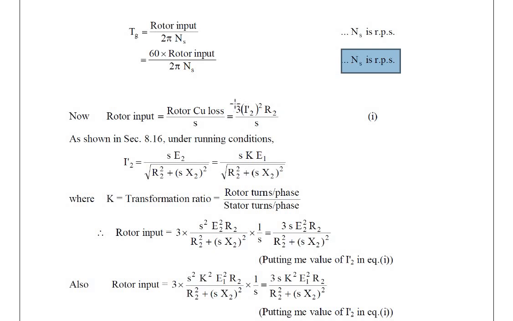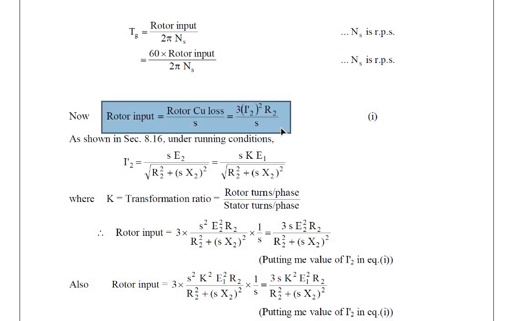This 3 is multiplied because of the three phases. So this is the simple equation for the rotor input. Now in running condition, we know the equation of I2 dash, the current flowing through the rotor.